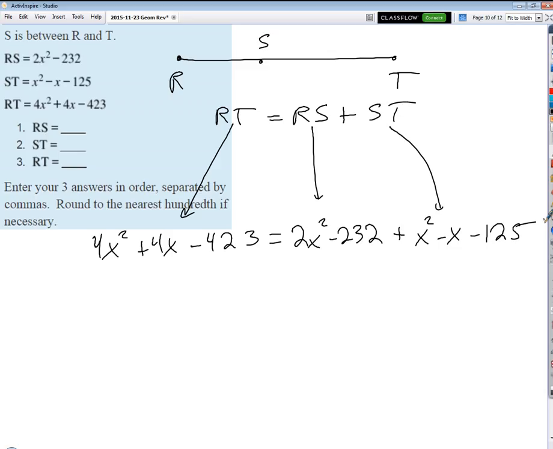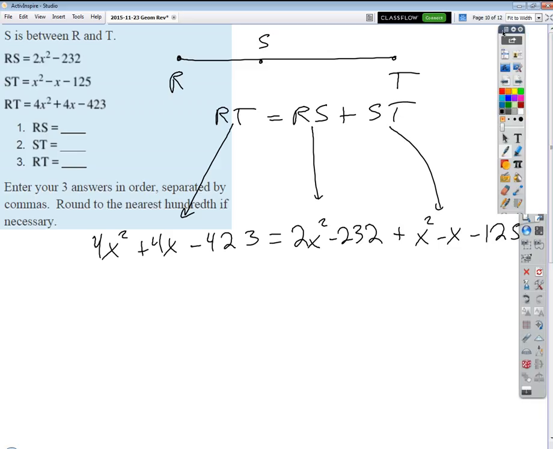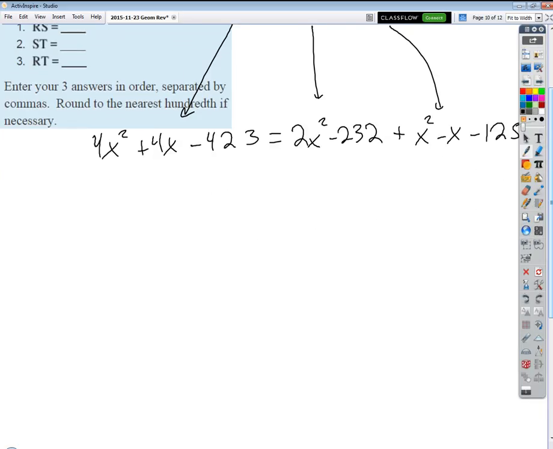Now that looks, I agree, kind of scary. There's lots of x squareds in there, but all I have to do is collect like terms, right? Not a big deal. This side, we'll just keep everything over here for now.